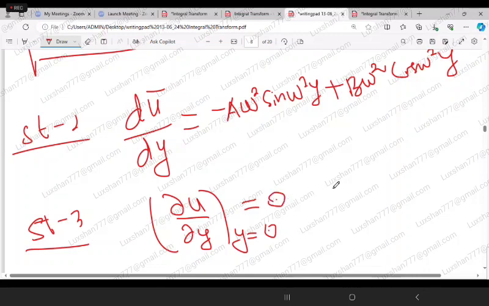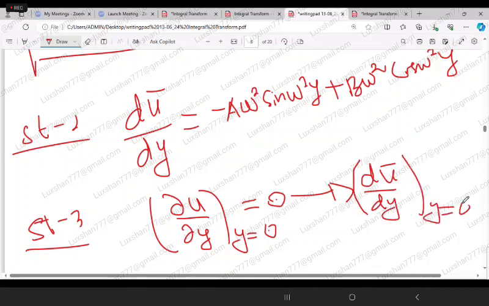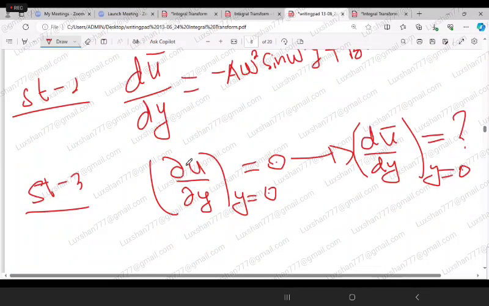Using this information, we will find what is d u bar over dy when y equals 0. We'll find this one. d u over dy when y equals 0 is 0. This is given.